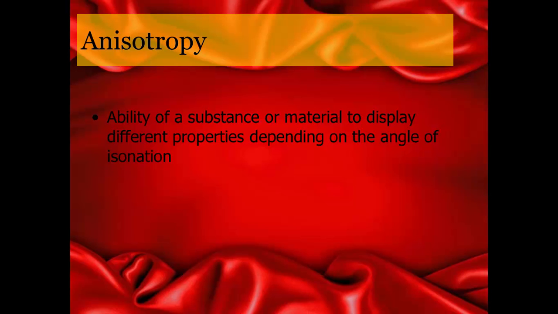So anything other than 90 degrees, you will get a hypoechoic effect, and that's anisotropy. You can correct that by moving and adjusting your probe so that it's meeting the tendon or muscle or structure perpendicular.